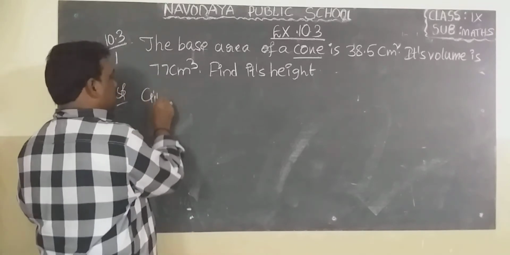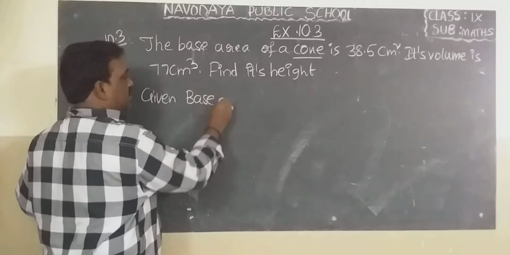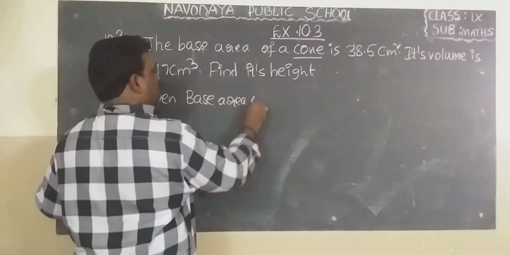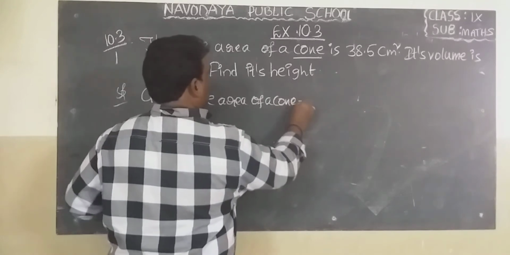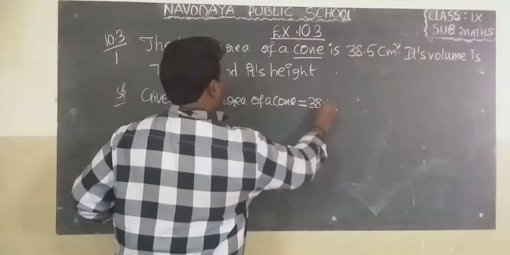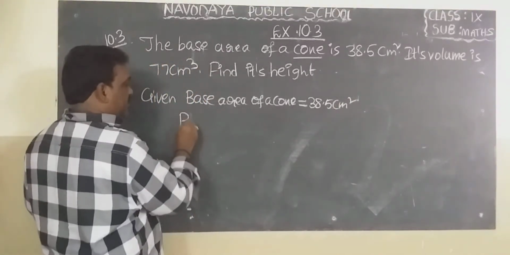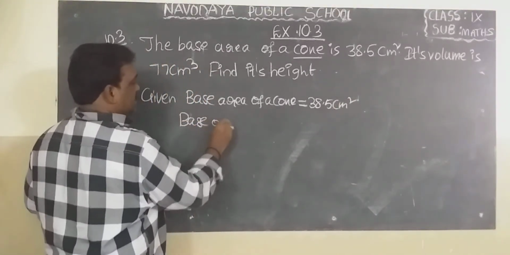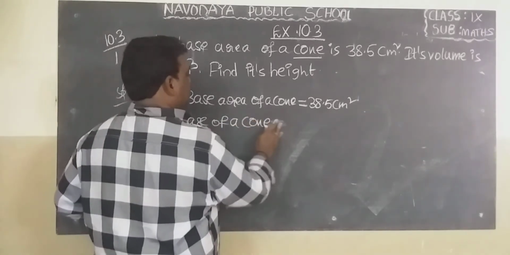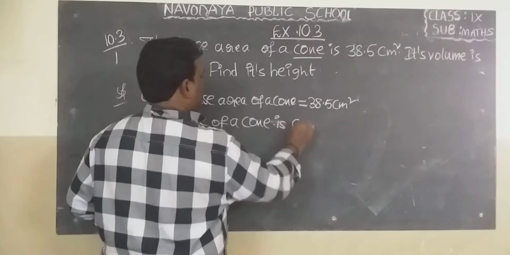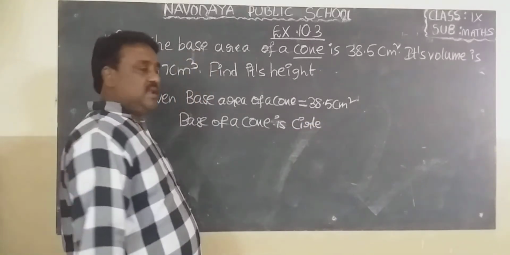Given: base area of a cone equal to 38.5 centimeter square. What is the base of a cone? Circle.